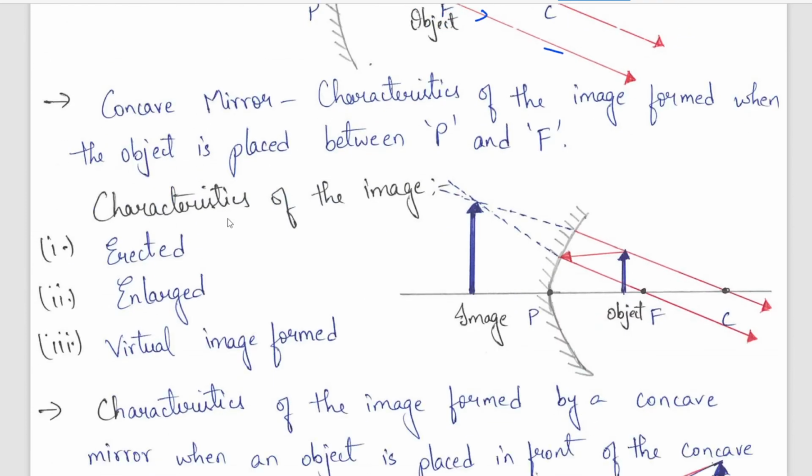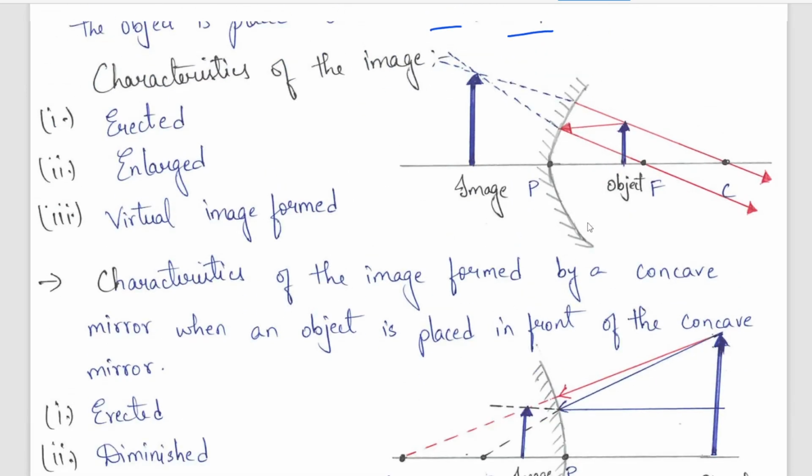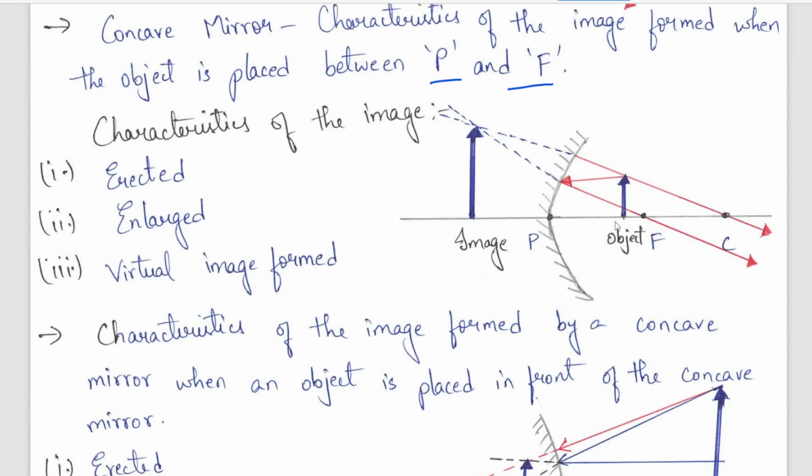Okay, so next we will see the characteristics of the image formed when the object is placed between pole and focus. So let us see the ray diagram. This is the ray diagram. In this, we are placing the object in between the pole and the focus, right? This is the object, and the light ray from this is falling on the mirror.